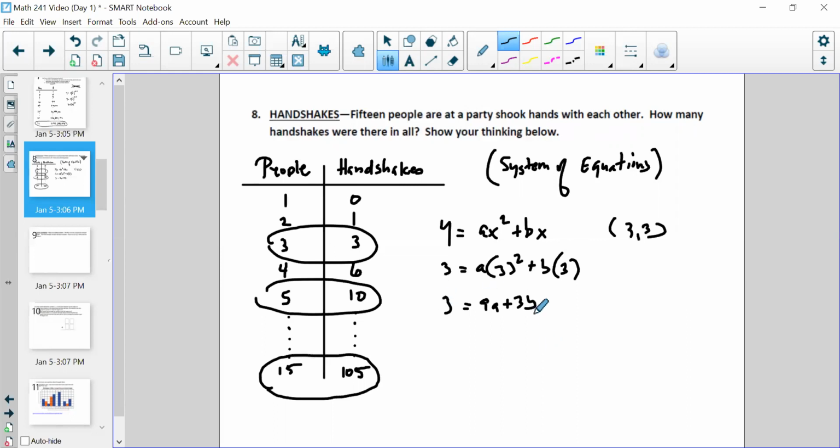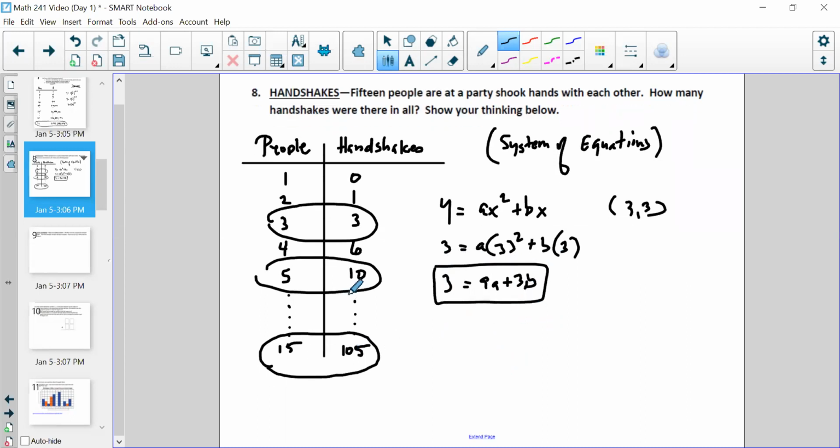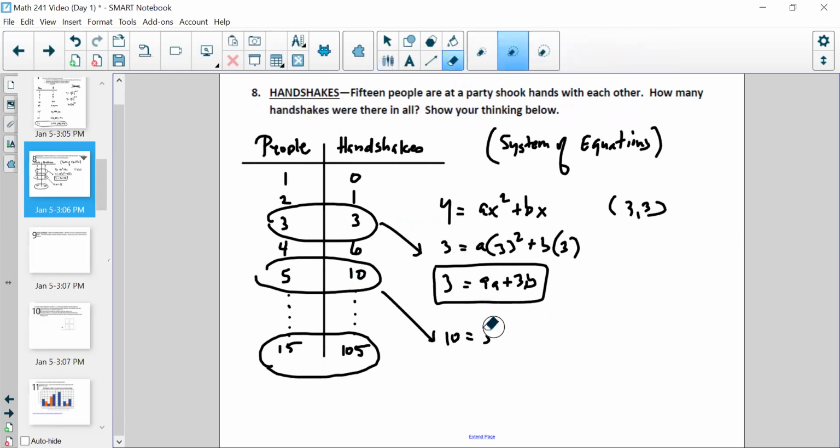So I'm going to use this formula in just a moment. There's 1: 3 equals 9a plus 3b. Well, then I'm going to take another ordered pair and make it 10 equals... And remember, I'm going to substitute 5 in for x.